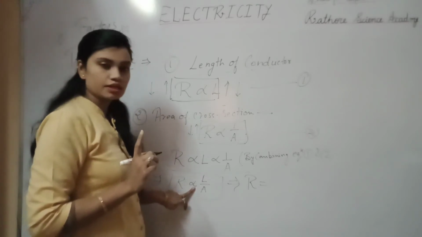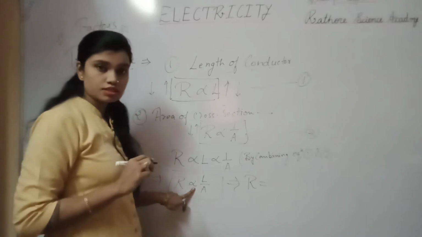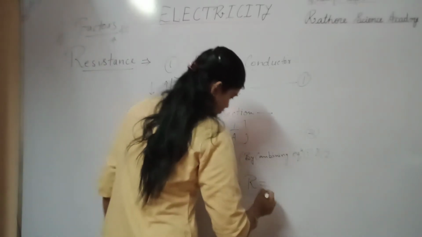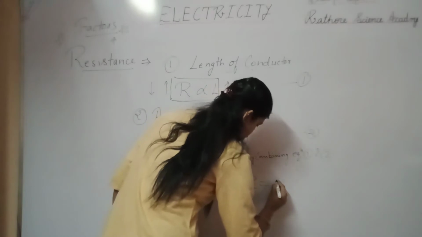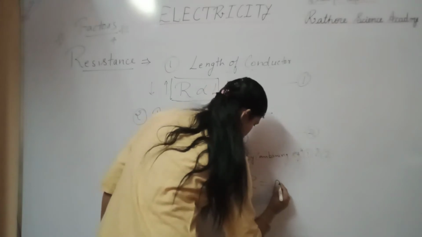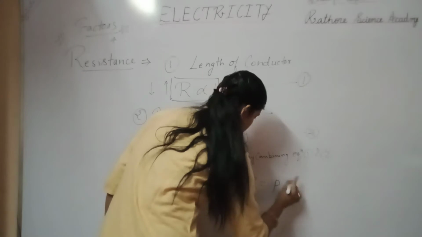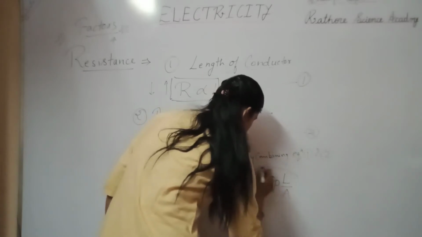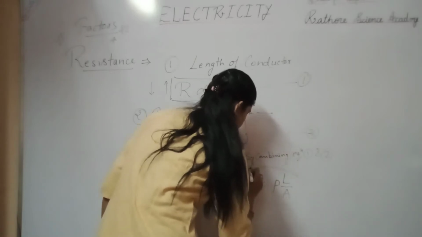Okay, so in this case, which constant will come? In this case, the constant will be resistivity. So R equals rho L by A, where rho is the constant, and you have to remember it, you have to learn it.